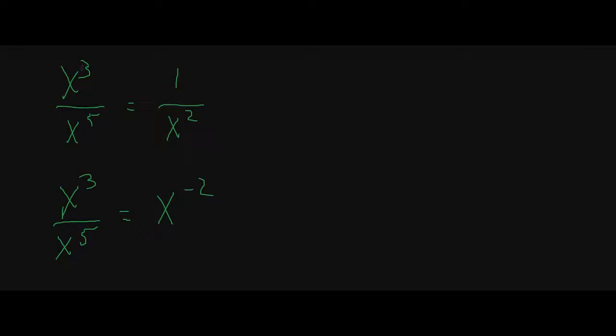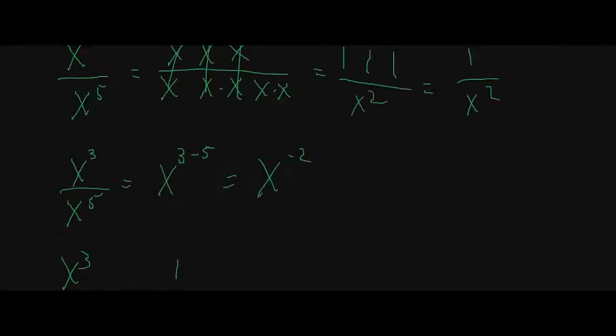So if x to the third divided by x to the fifth is the same thing as 1 over x squared, and x to the third divided by x to the fifth is also the same thing as x to the negative 2, since 3 minus 5 is negative 2, what can we conclude about these two statements? Well, they have to be equal to each other. So x to the negative 2 has to equal 1 over x squared.